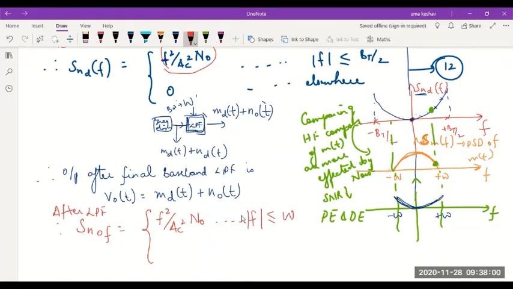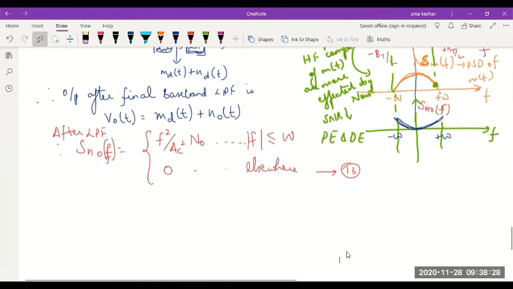So f lies between minus W to plus W as shown here. Okay, so this is Sn naught of f. The power spectral density curve which we have drawn below, the last one is Sn naught of f, sorry, and it is 0 elsewhere. So this is present only between plus or minus W and it is 0 in all other places.